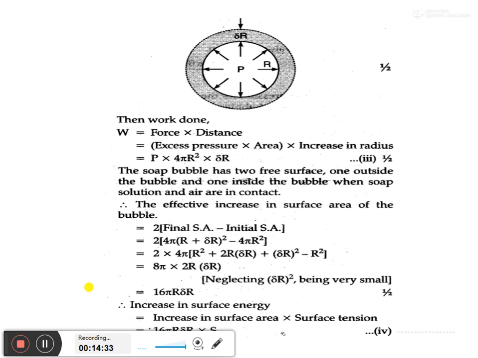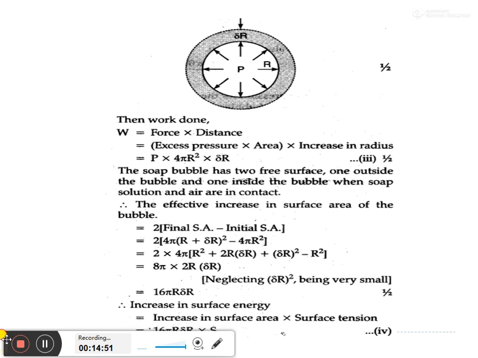By neglecting delta R whole squared we write 8 pi into 2R delta R, that is 16 pi R delta R, as the increase in surface area.